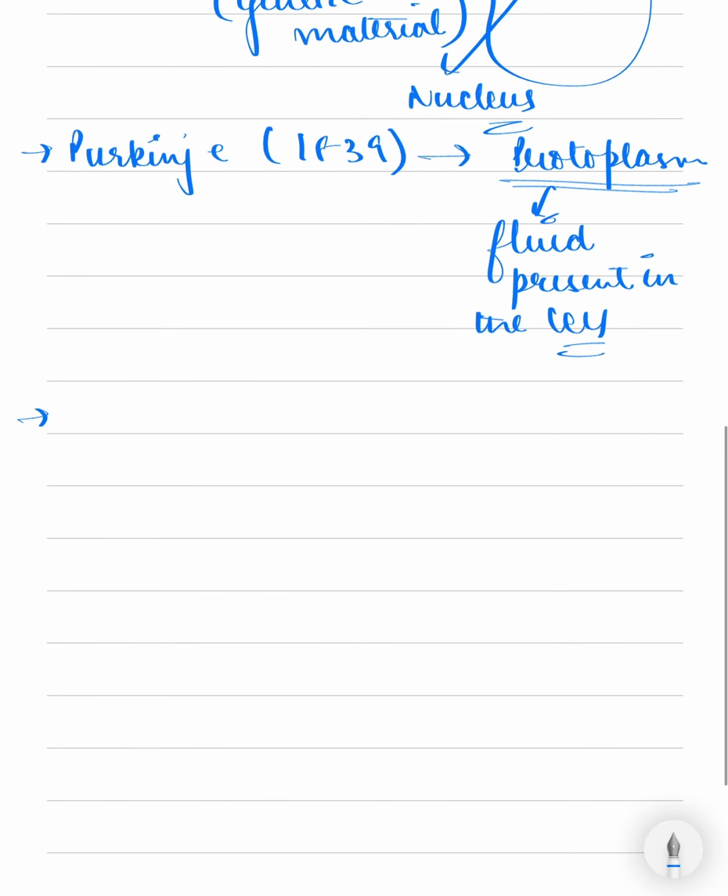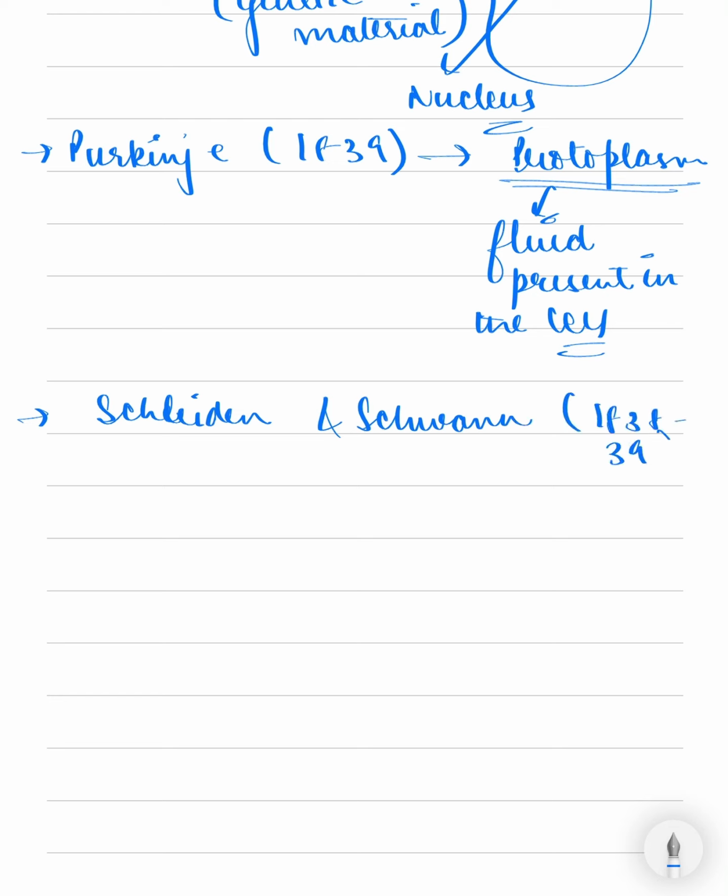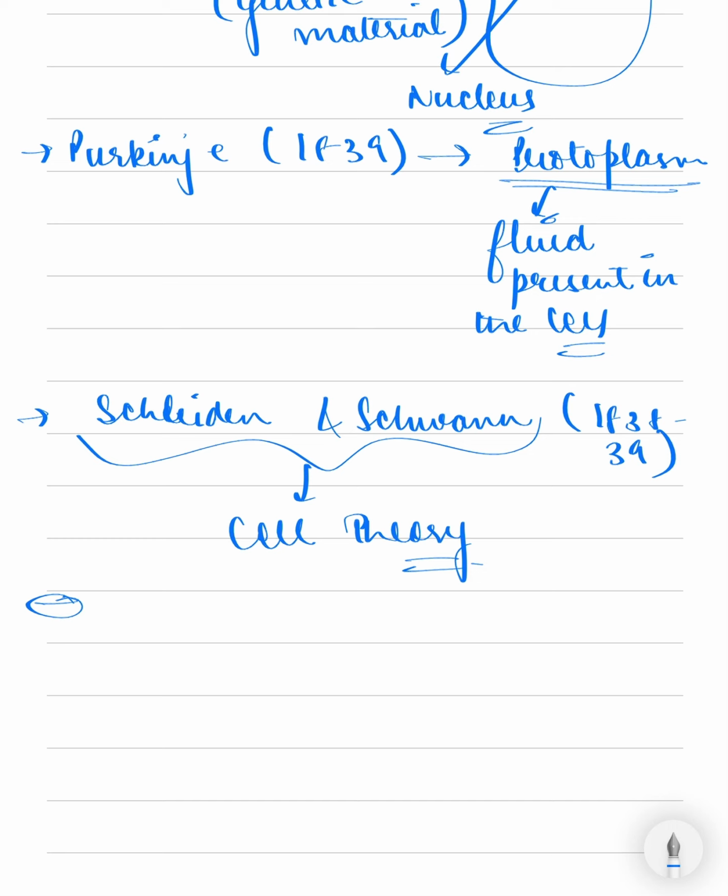Now next is Schleiden and Schwann. In 1838 to 1839, these two scientists gave the cell theory, in which they explained that all living organisms are made up of cells.